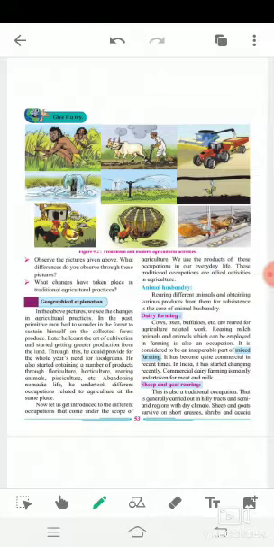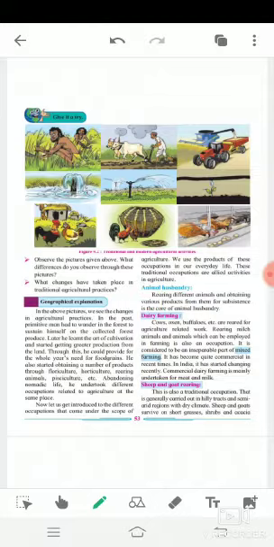Through this, he could provide for the whole year's need for food grains. He also started obtaining a number of products through floriculture, horticulture, rearing animals, pisciculture, etc. Abandoning nomadic life, he undertook different occupations related to agriculture at the same place.